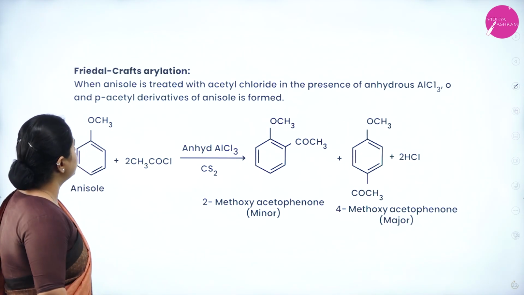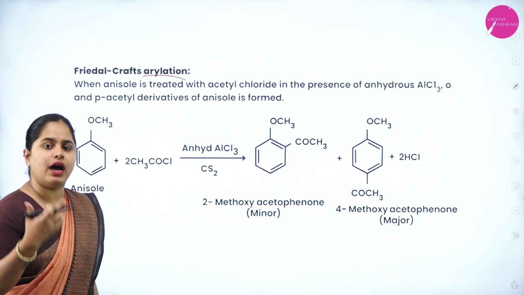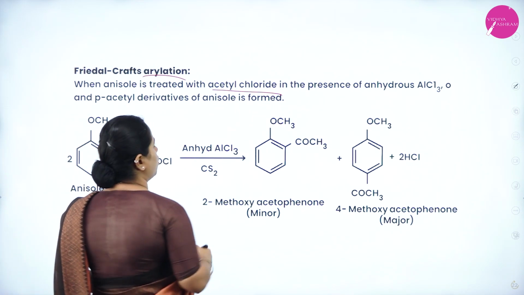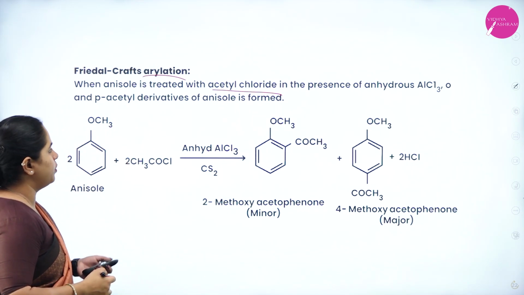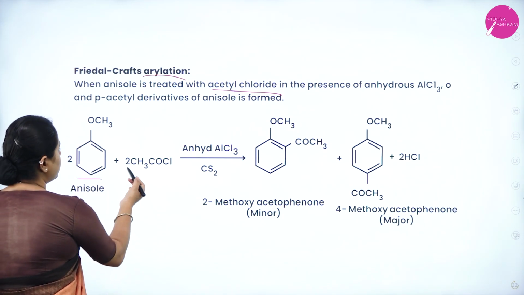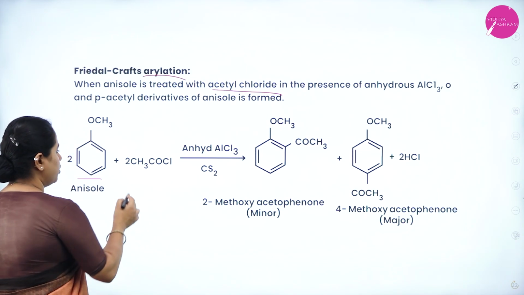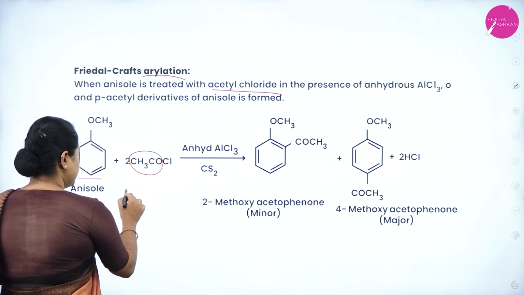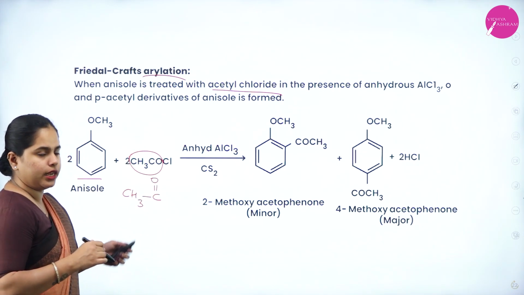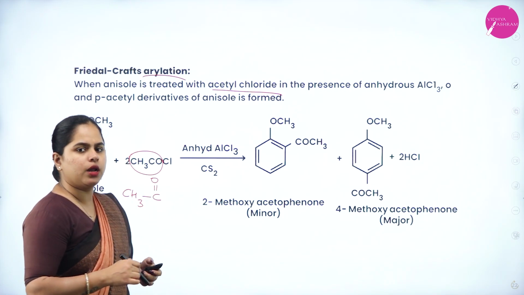Now the next one is Friedel-Crafts acylation. Acylation means we are going to add an acyl group. When anisole is treated with acetyl chloride or acyl chloride in the presence of anhydrous aluminum chloride, ortho and para derivatives are obtained. Instead of an alkyl group, here we substitute the acyl group, which is CH3C=O, in the presence of anhydrous aluminum chloride and carbon disulfide.